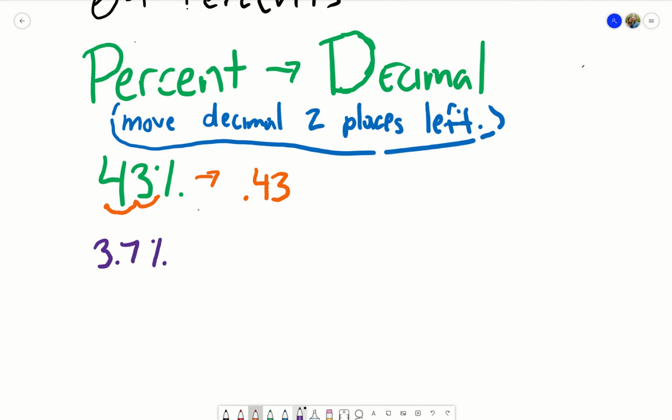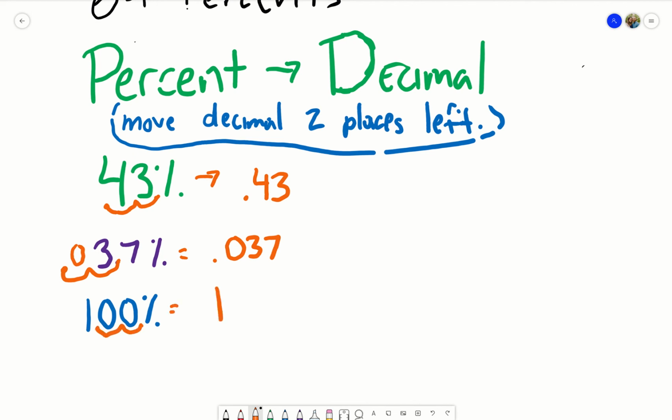Okay, what if I had 3.7%? Well, I'm going to take my decimal, move it 2 places back, add in a 0. When I have blank spaces, I add in a 0, and that is 0.037. 100%. Take my decimal. I don't have one, so I add one in here. Move it 2 places back. 1, 2.